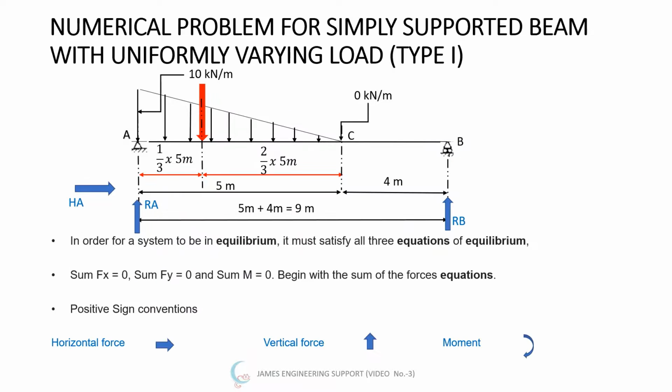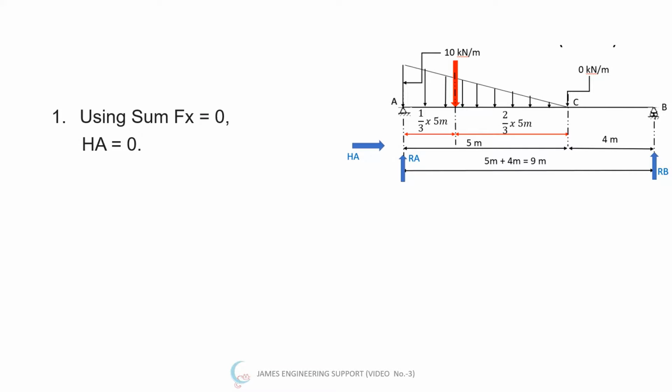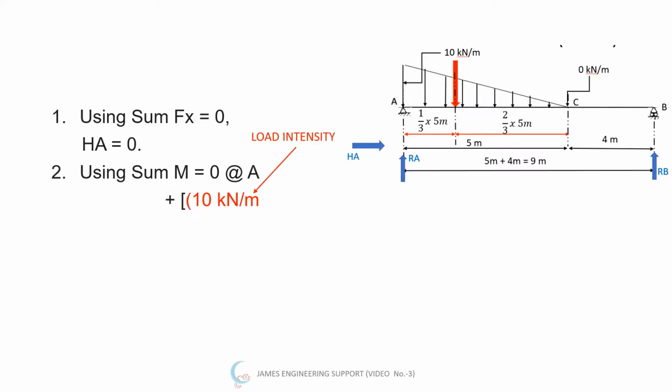Next case we will consider the simply supported beam with the uniformly varying load, but it will be at some distance from roller support B. We are considering it is acting at 4 meter. So let us start the problem. There is no horizontal force, so H will be equal to 0. Then we will consider moment at A. So clockwise moment will be 10 kilonewton per meter multiplied by 5 divided by 2 is the total load.